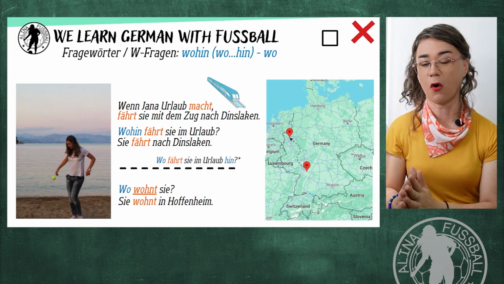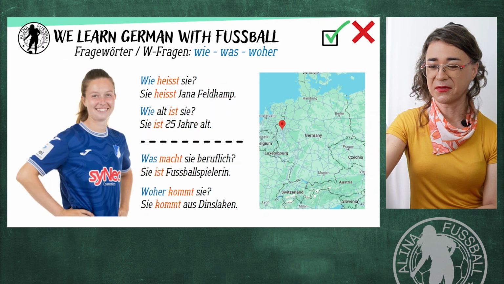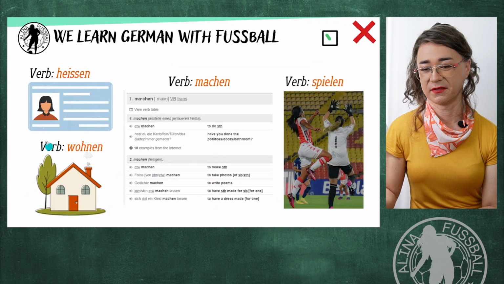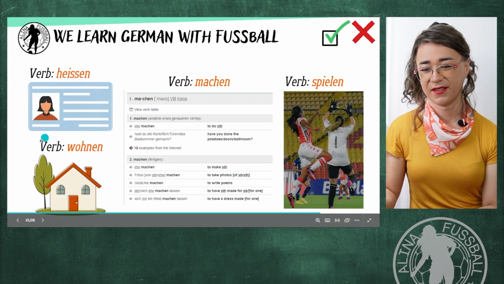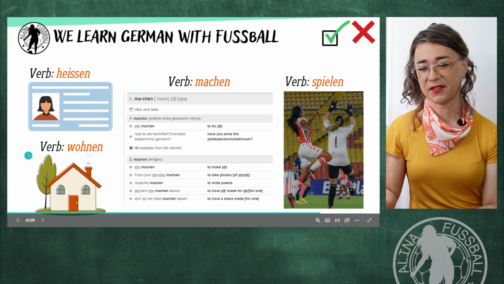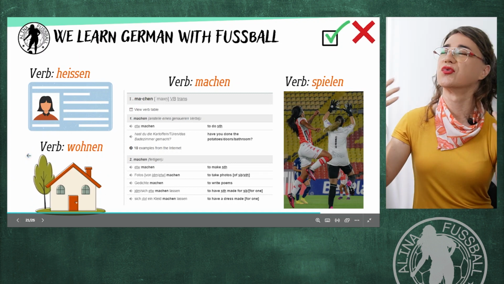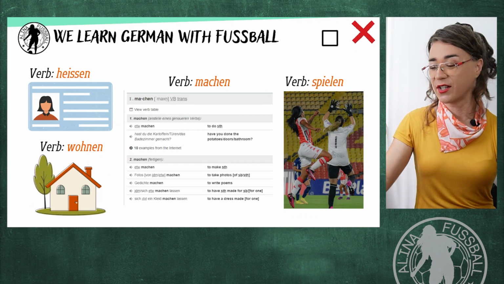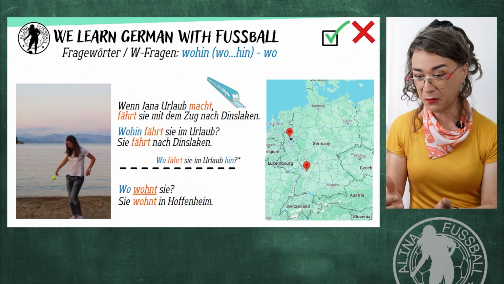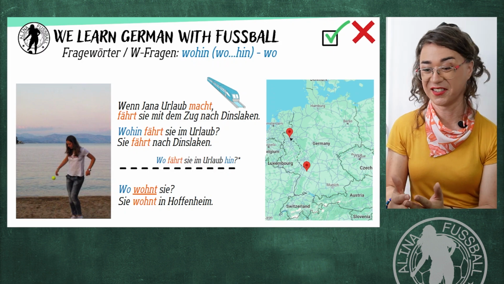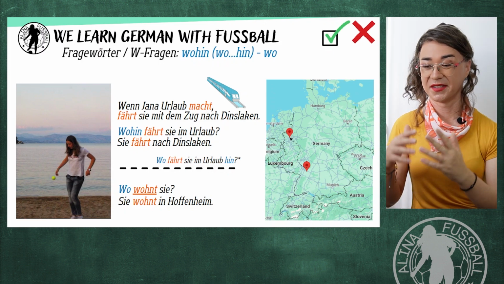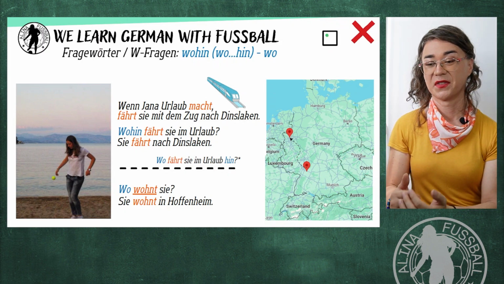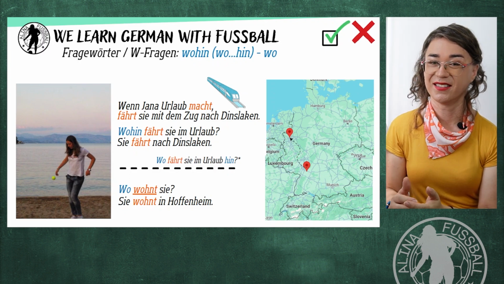Sie wohnt in Hoffenheim. So remember the definition of the word wohnen. That you are there in the house, relaxing, sleeping, cooking, sharing. Because she plays for Hoffenheim, she wohnt in Hoffenheim. But on vacation, she fährt nach Dinslaken.